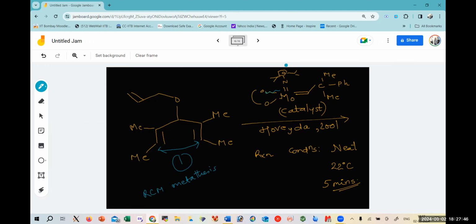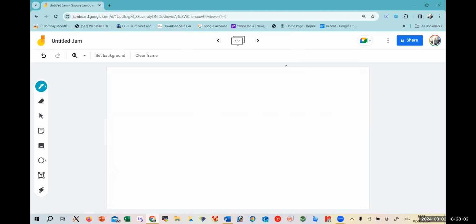So either the catalyst has to be chiral or your substrate has to be chiral, which would end up giving you the chiral molecule. So the other possibility is a combination of these two. So this is the second type which can be obtained. So let's look into the first type.